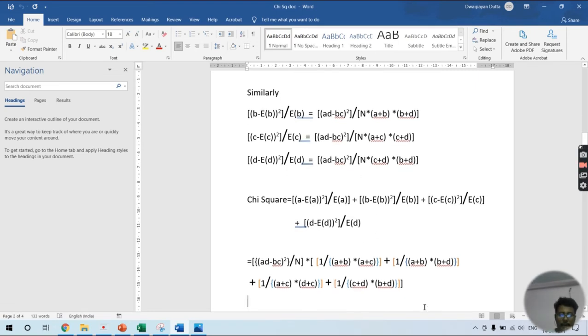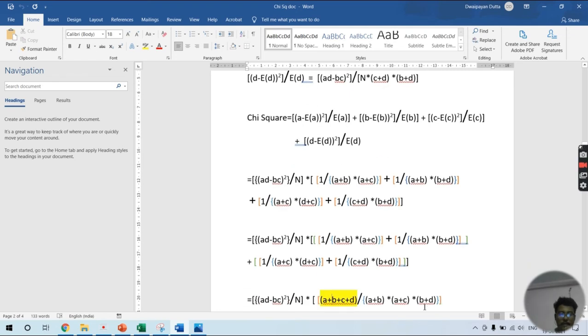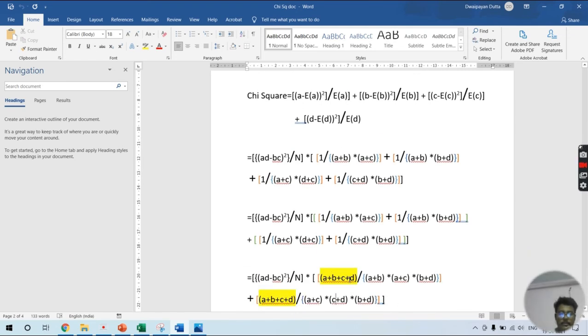And after we add up this whole thing, what we get is that this is common, a plus b plus c plus d. I have marked this because I have discussed with you previously that a plus b plus c plus d is the summation of all the elements and it will give the result as n.